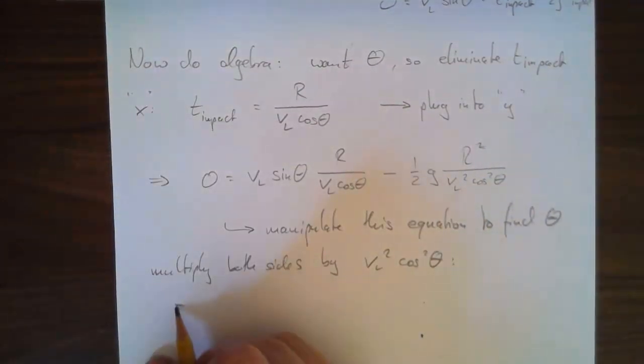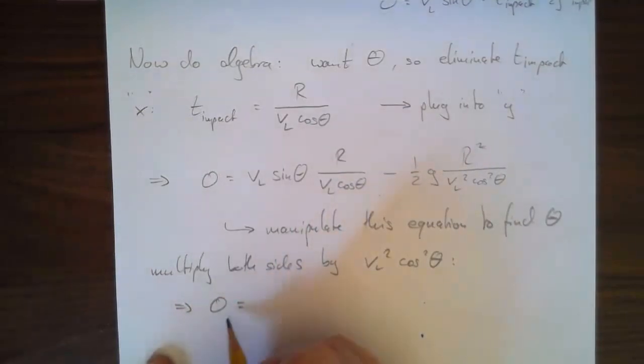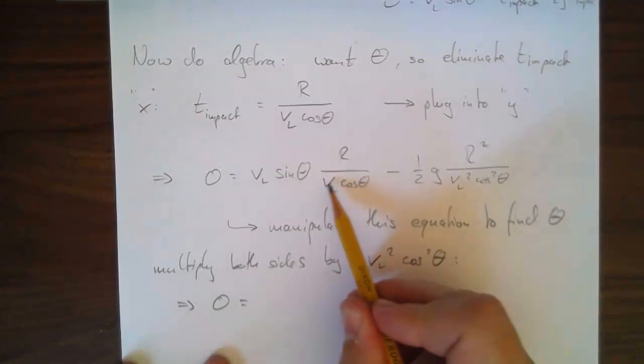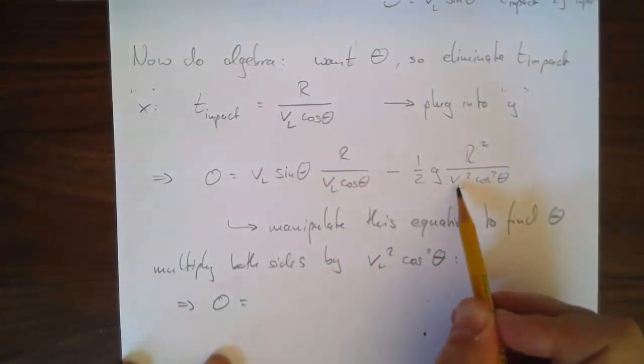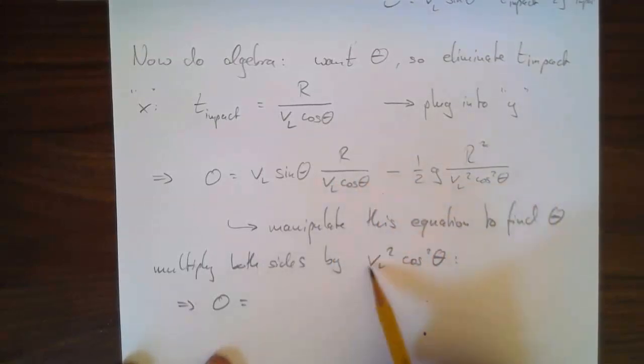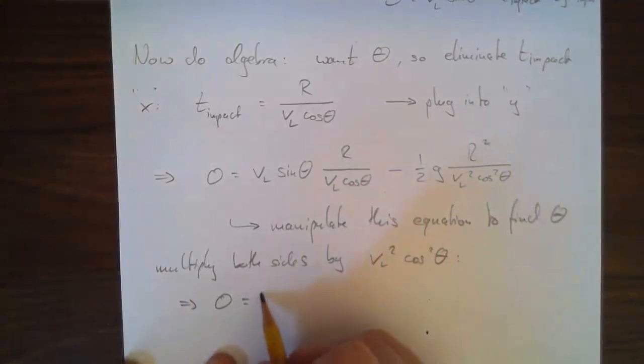So then I get 0, because 0 times this is still 0. That's equal to, so this has come up, but now the VL cosine theta gets cancelled out, but this is VL squared cosine theta squared.